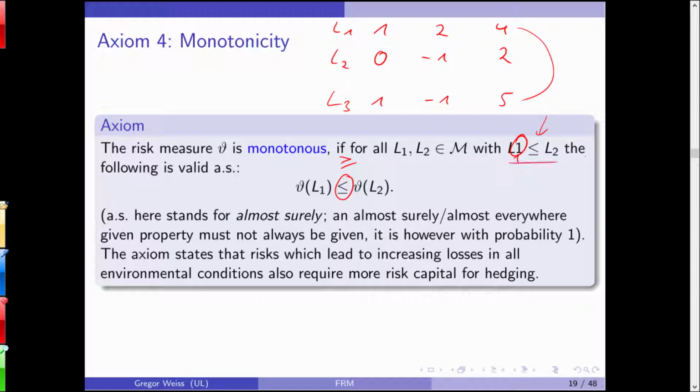So this is a very strict assumption, that L1 is less or equal than L2 in any scenario. However, if this is the case, if we know that in any scenario L1 is always worse than L2, then we would say that L1 should also have a higher risk capital required for hedging this position than L2.